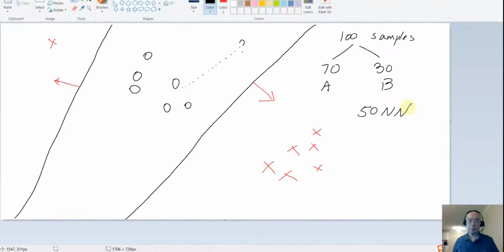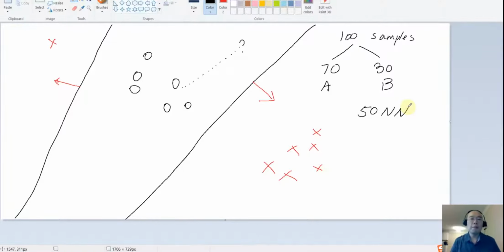Do you see the problem? When you classify with 50 nearest neighbor and the dataset is not that balanced, in most cases the model tends to classify the sample as class A, because class A simply has more samples. If you are doing a vote on 50 samples, it's very likely that class A will win.